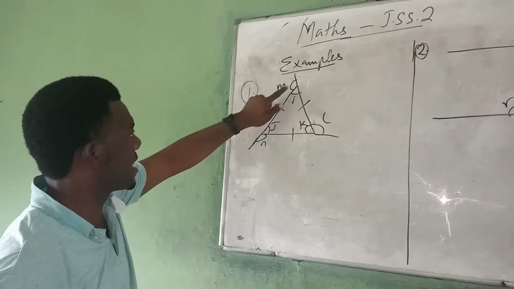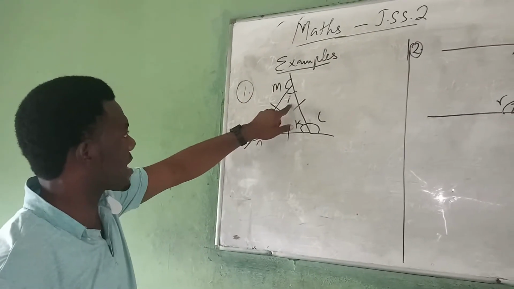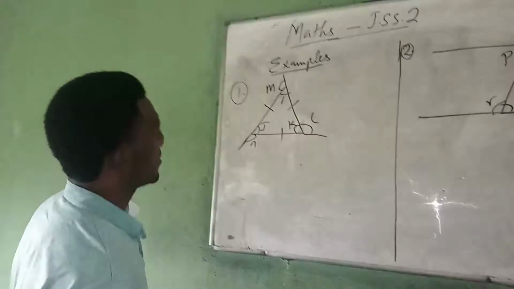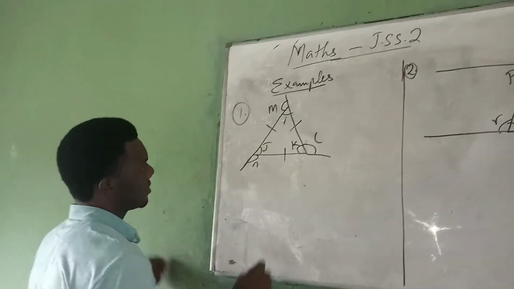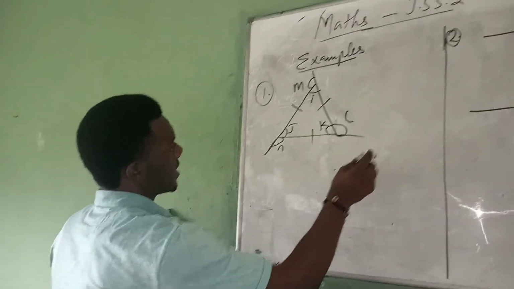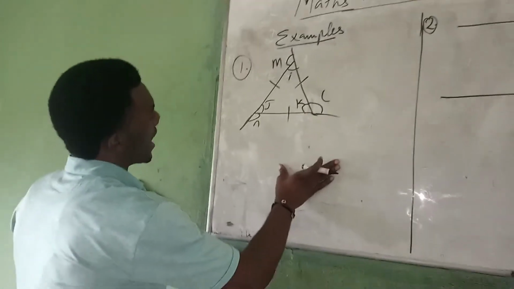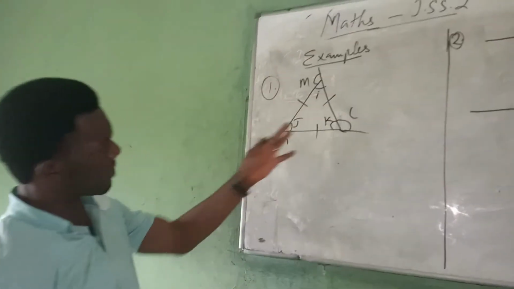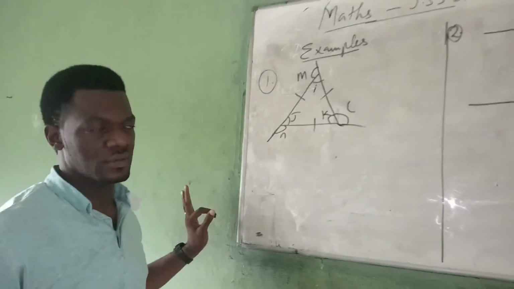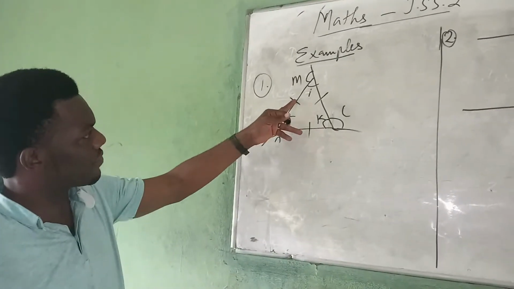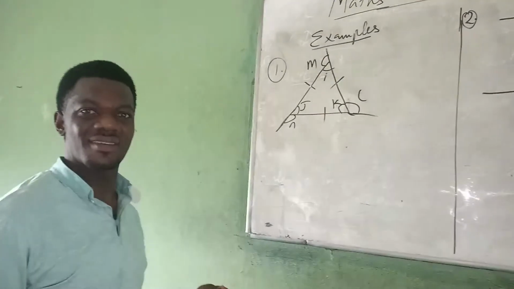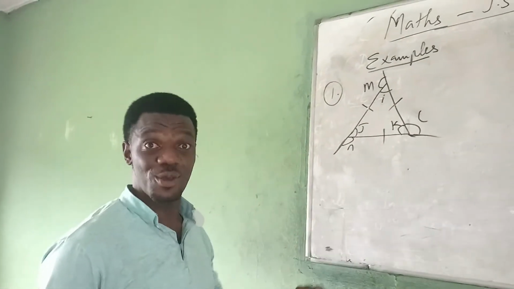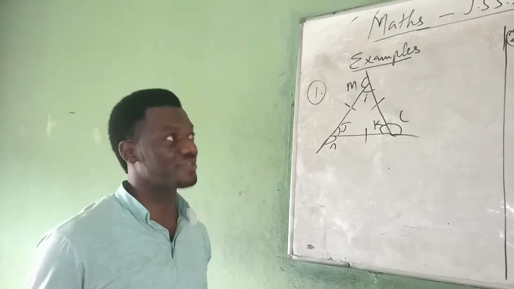We have M here, we have I, we have J, we have K. This is a triangle with lines extended. Now, how do we find this? What do you observe? There is something you observe first. Looking at this triangle, observe the stroke here, stroke here, stroke here. It tells us that this triangle is an equilateral triangle.